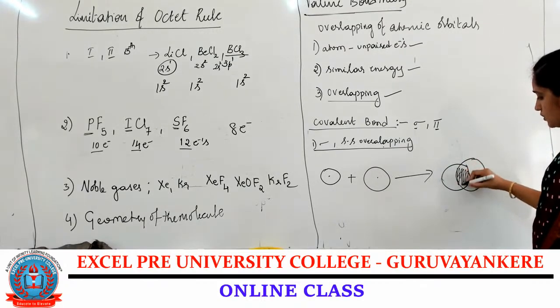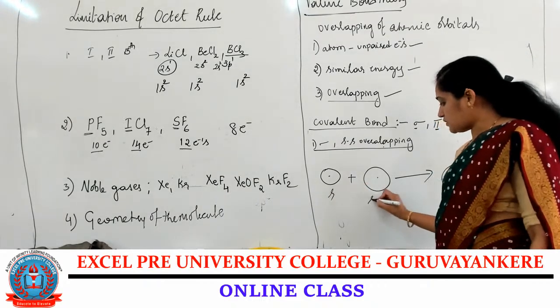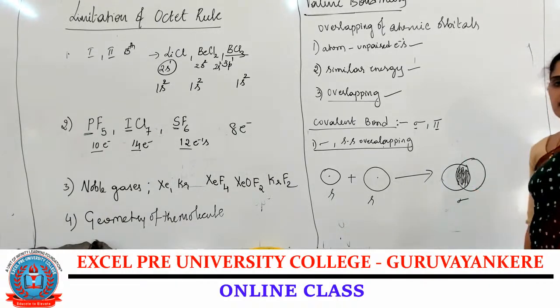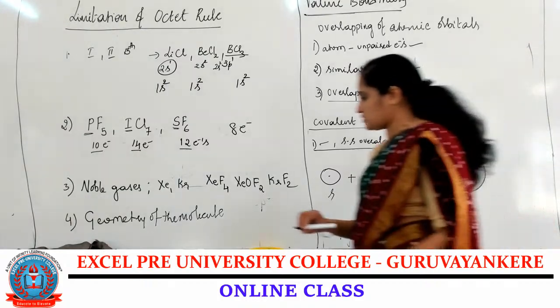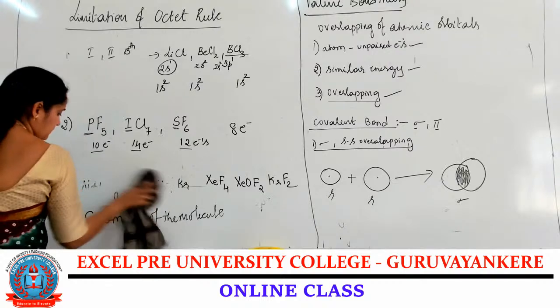So this one is overlapping. The s orbitals form the sigma bond, s-s overlapping. Let me take an example for the formation of a sigma bond by s-s overlapping.